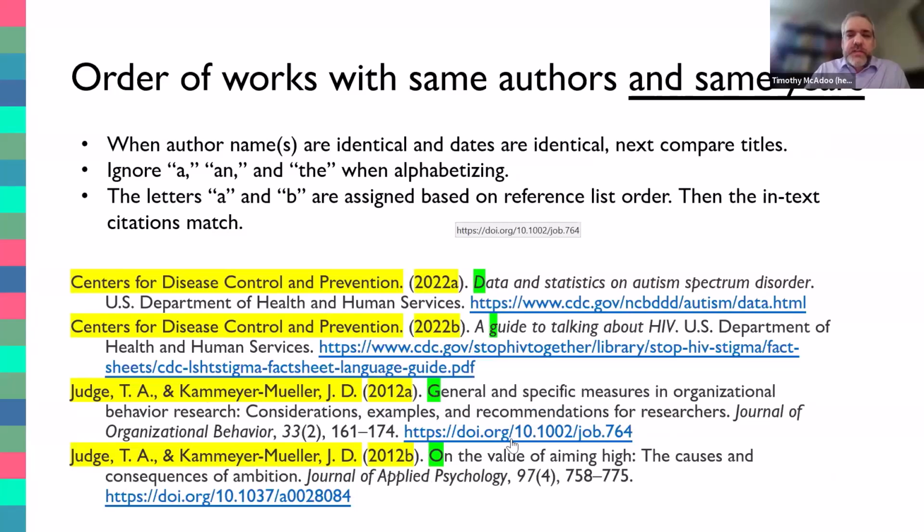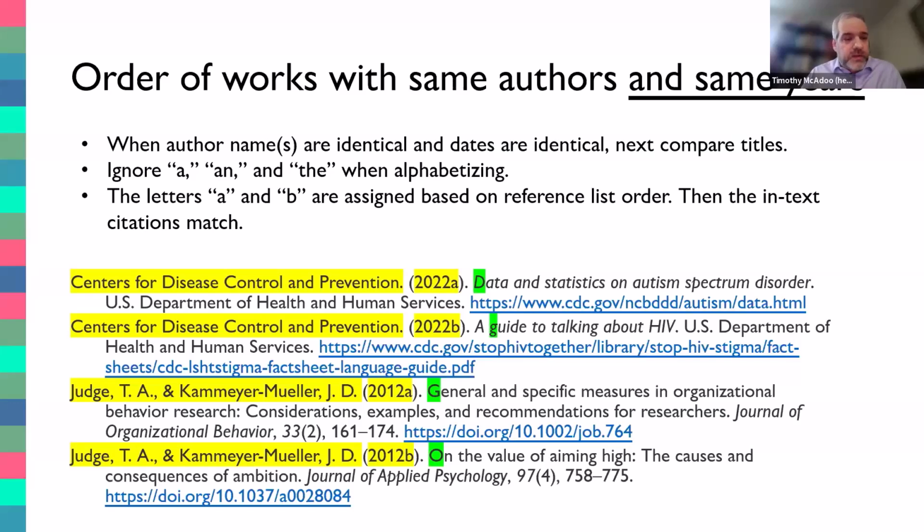So what does happen when two references have exactly matching authors and also matching years? In that case, you move to the third element of the reference. We talk often about author, date, title, and source. So you have exactly matching authors, exactly matching dates. You move to titles, and you just compare those titles alphabetically.